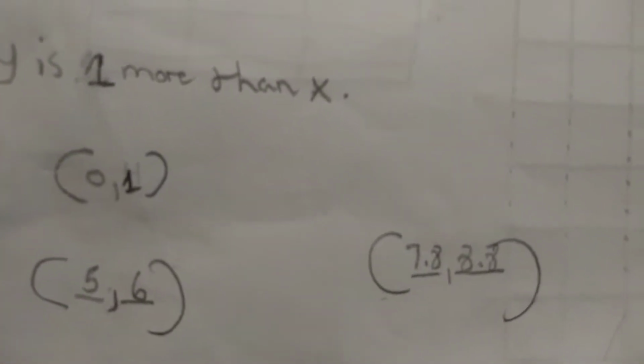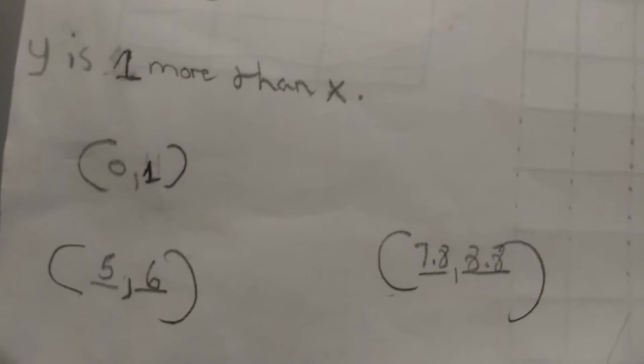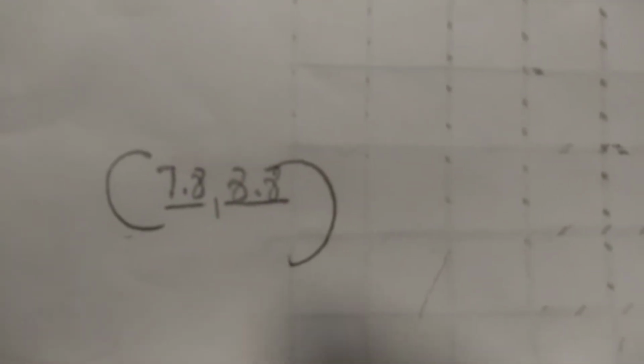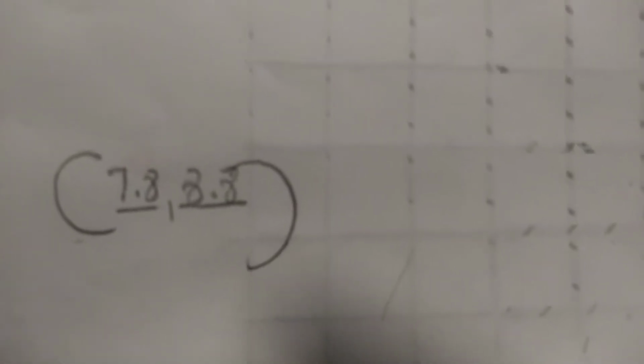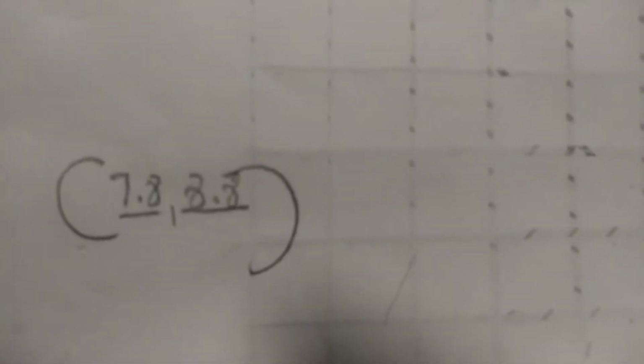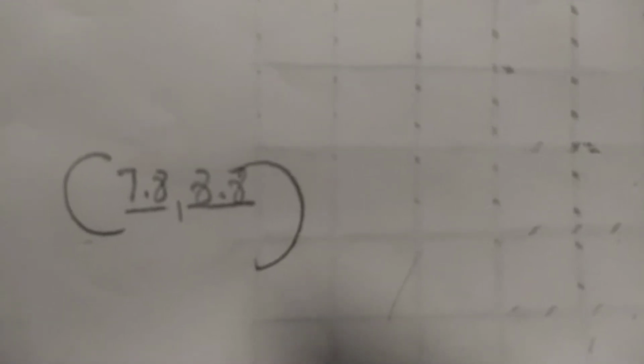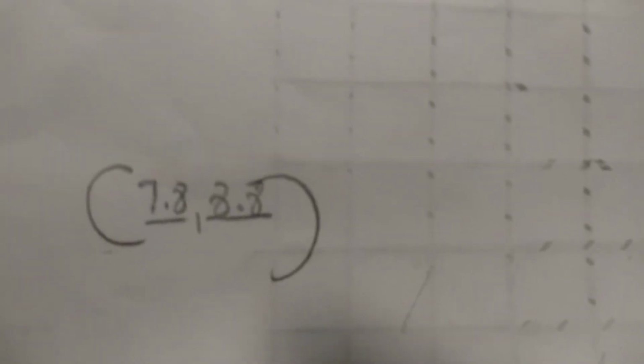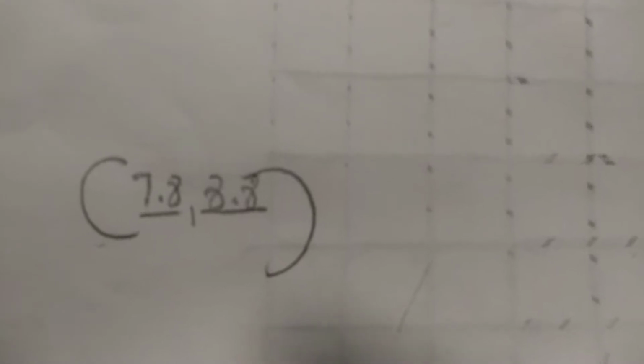So 5 is the x, 6 is the y. 1 more than 5 would be 6. And the other coordinate pair was 7, 8. So 7 is the x and 8 is the y. 1 more. So that's what she got. Again, what's the purpose? Okay, let's get back to the video.